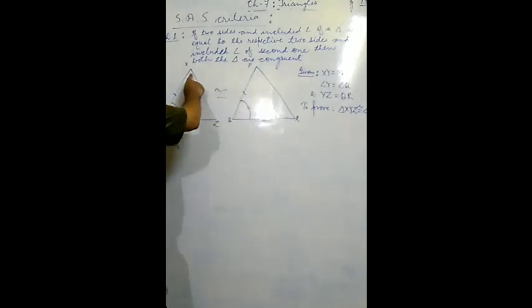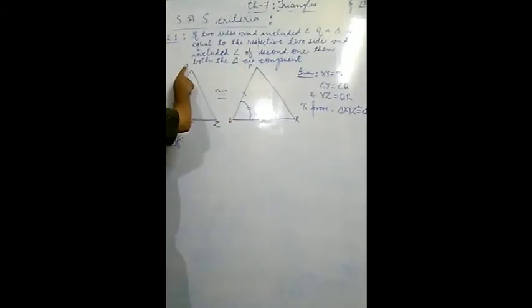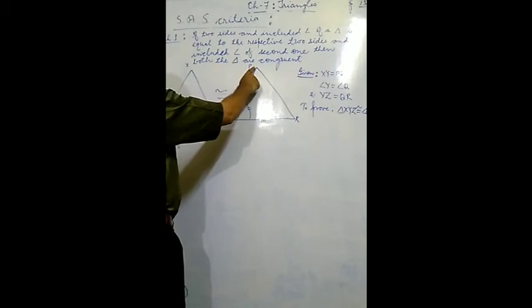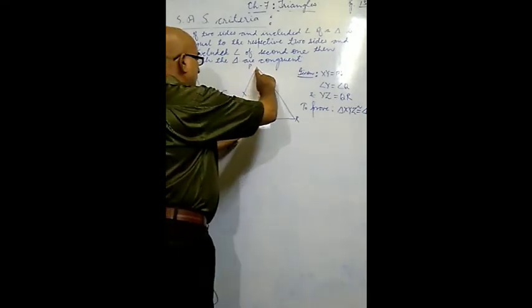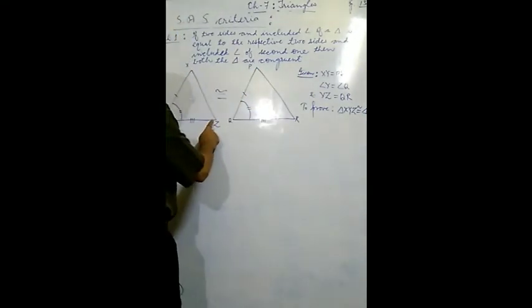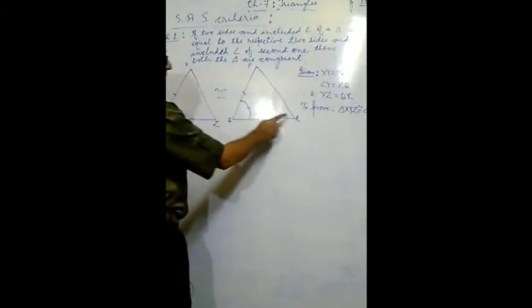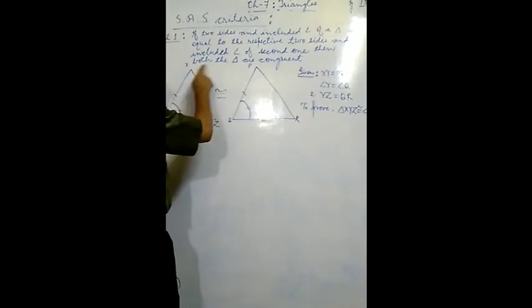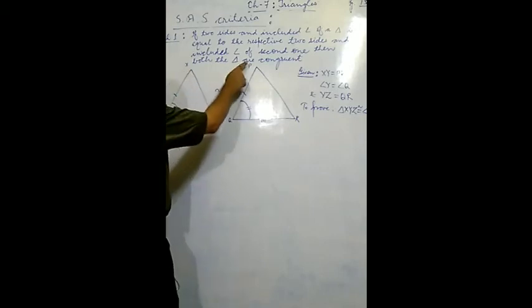Since XY equals QP, this point X will fall on point P. In this way, this segment is coincided with this one and this segment is coincided with this one. We have proved that Z will fall on R and X will fall on P, therefore XZ will coincide with PR.